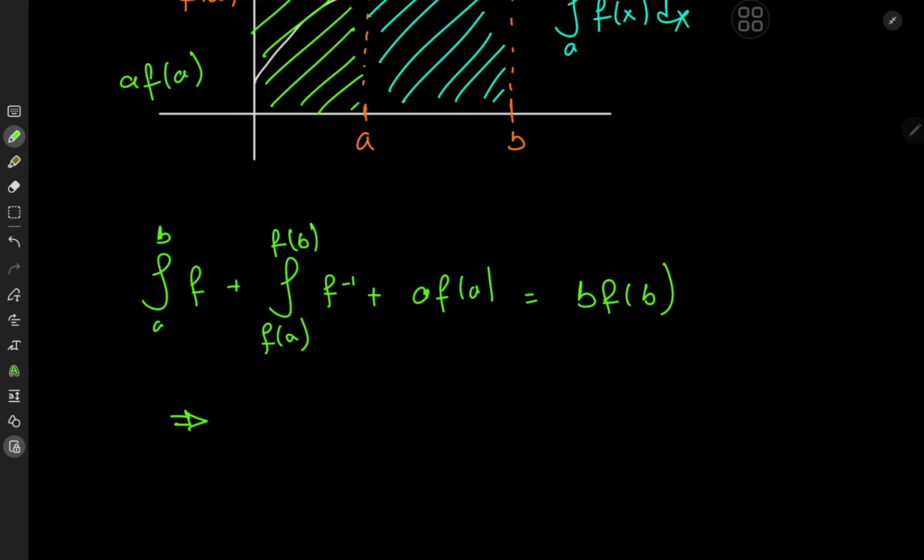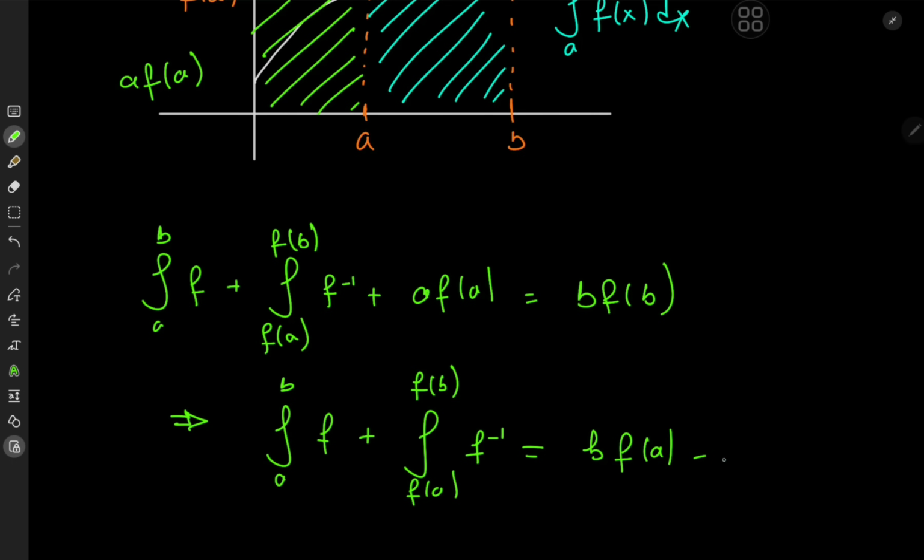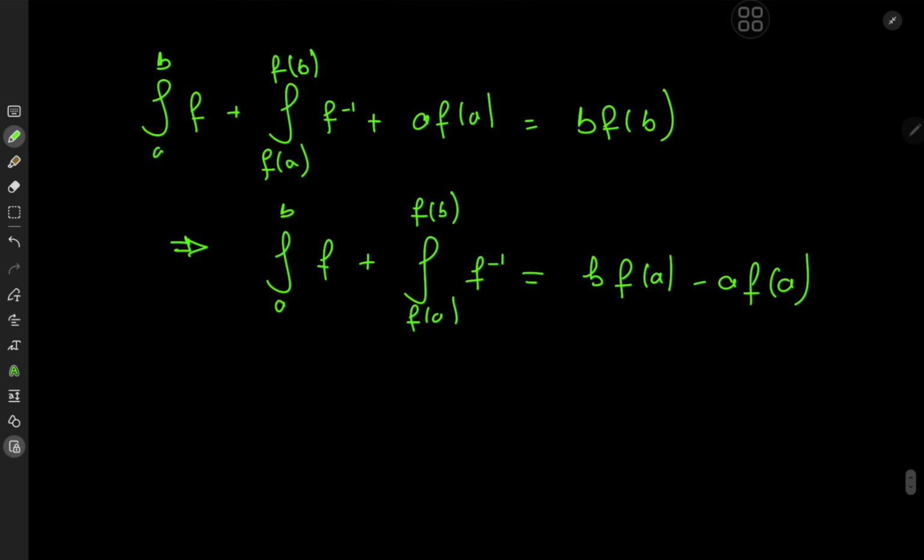So all of this implies that the integral from a to b of a function f plus the integral from f of a to f of b of f inverse equals b times f of b minus a times f of a, which is a very cool and quick geometric proof, of course, for an invertible continuous function.